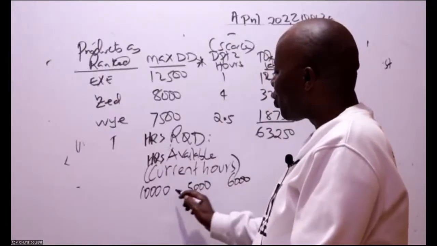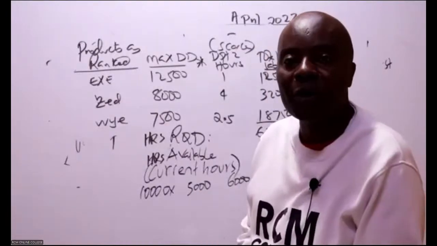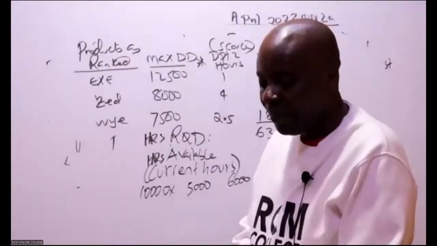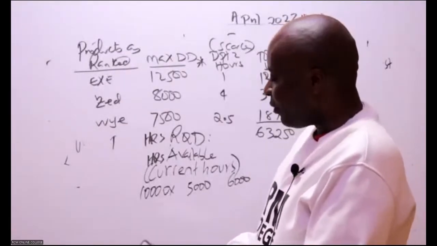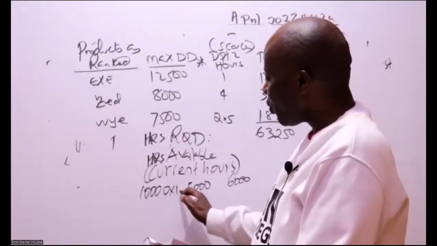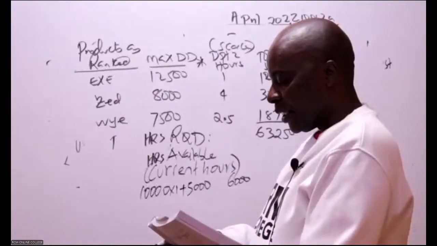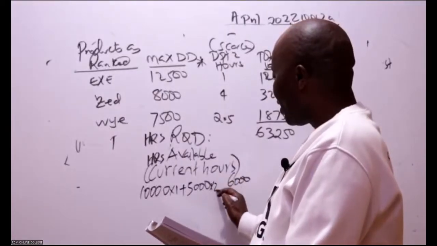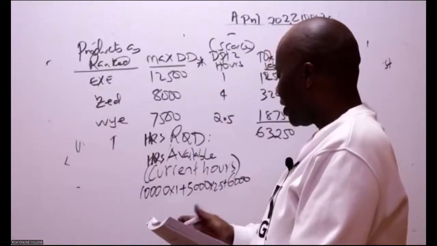So what you need to do is to multiply these with the Department 2 labor hours, the ones which are scarce. I'm not concerned with Department 1 and Department 3. So Department 2 labor hours available is 10,000 times 1, plus 5,000 times 2.5 for Y, plus 6,000 times 4.